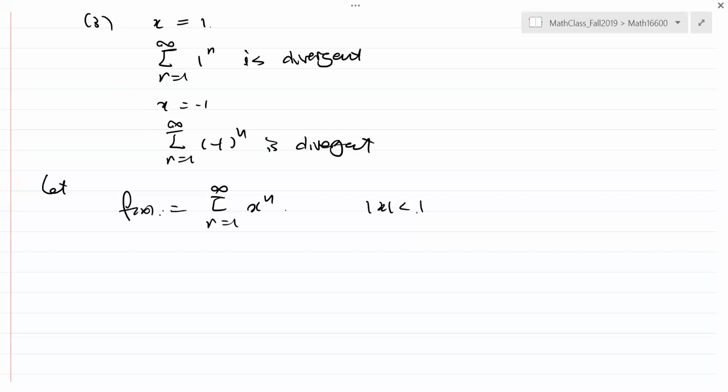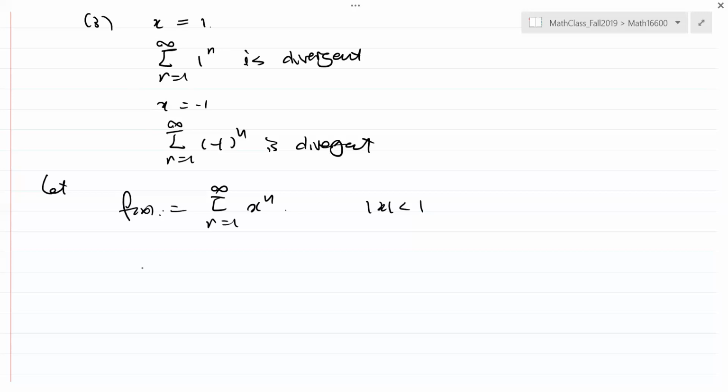Now, it is possible this series actually converges to a nice function, an elementary function, which is defined by a simple formula.